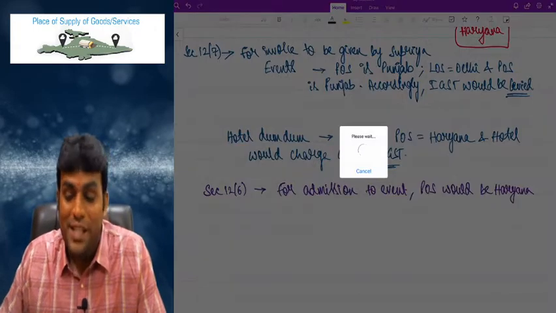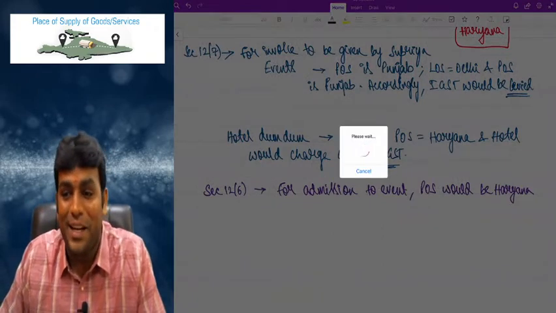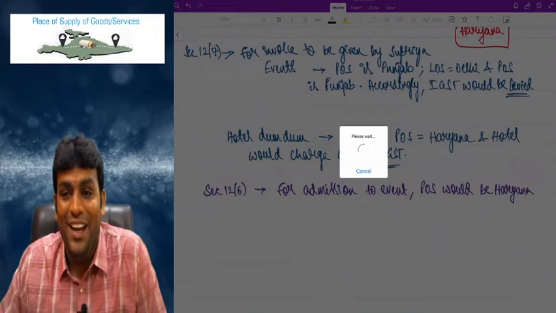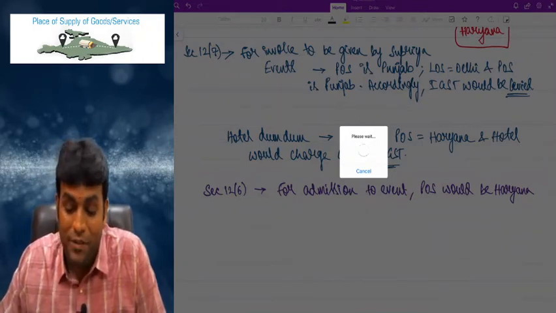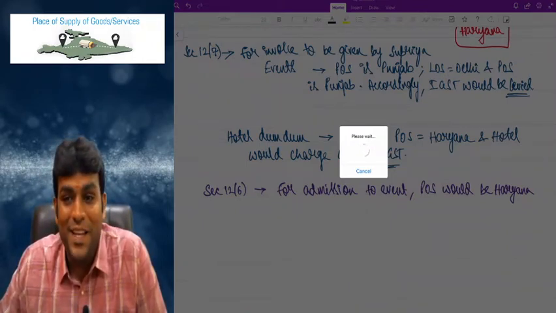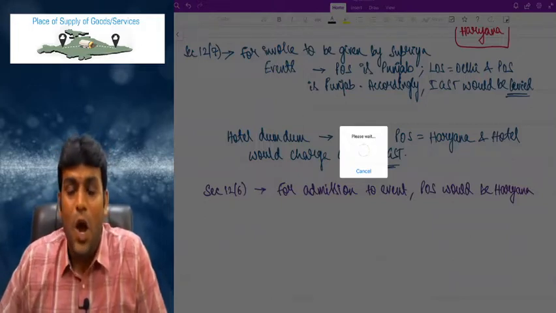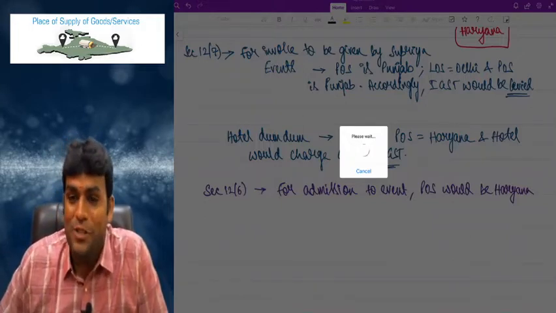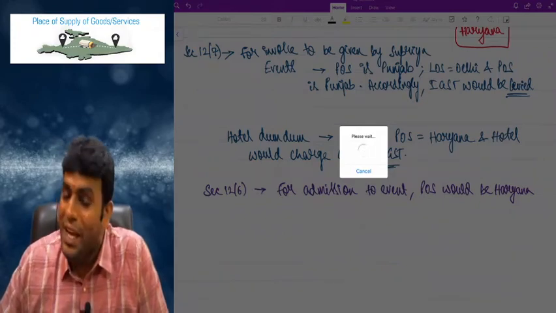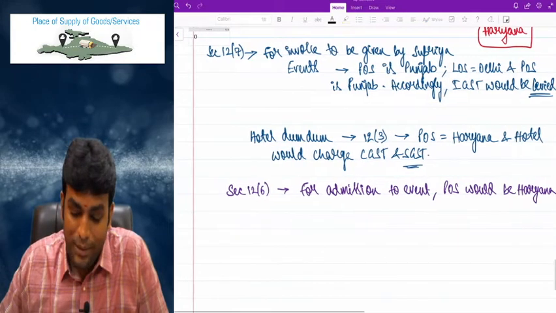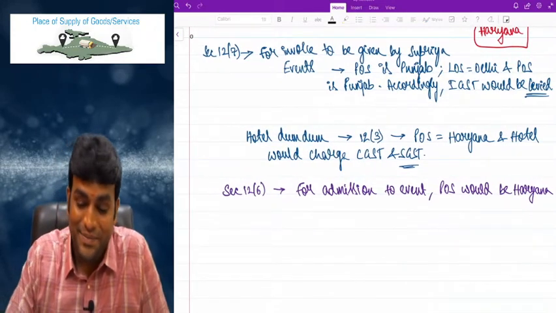Since the event is held in Haryana, my place of supply will be Haryana. The answer comes from section 12(6), which clearly says that in case of admission to any event or amusement park, the place of supply is the place where the event is actually held.